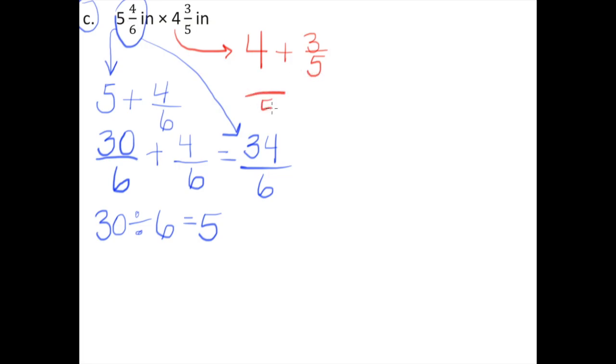You guys know that 1 whole is equal to 5/5, but I don't want 1 whole. I want 4 wholes. In order to rewrite 4 wholes as fifths, we just need to multiply 5 times 4. Well, 5 times 4, thank you, Arwen, is 20. 4 is equal to 20/5.